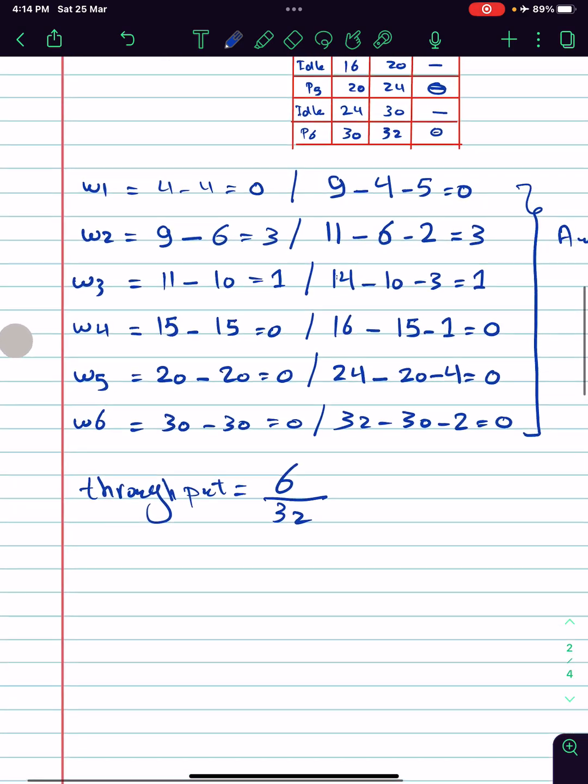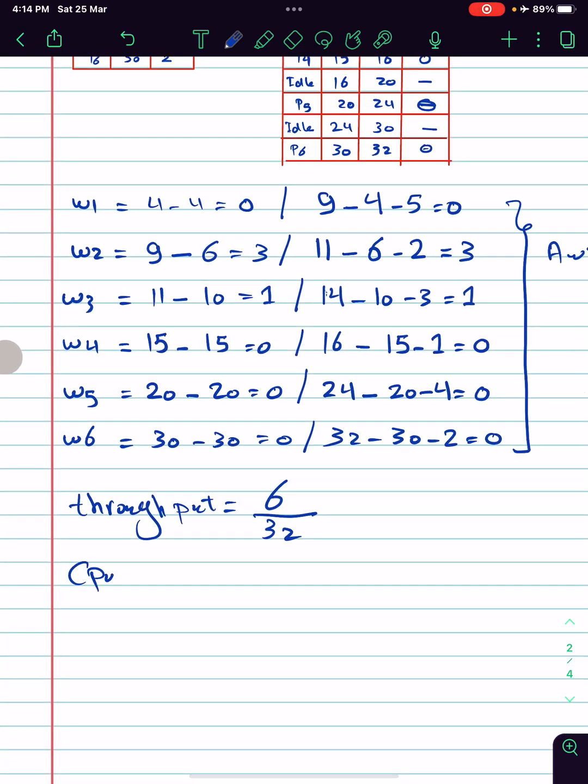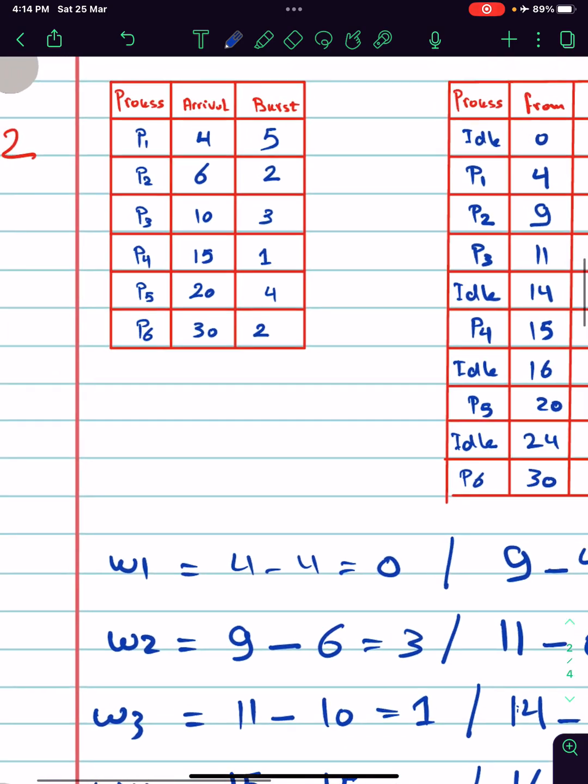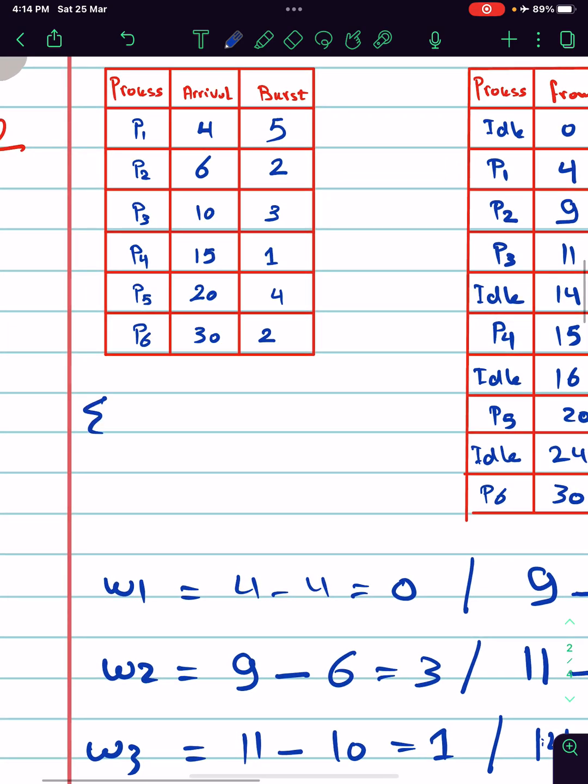All right, and the CPU utilization, let's calculate the bursts here. Sigma bursts is going to be 5 plus 2 plus 3 plus 1 plus 4 plus 2.